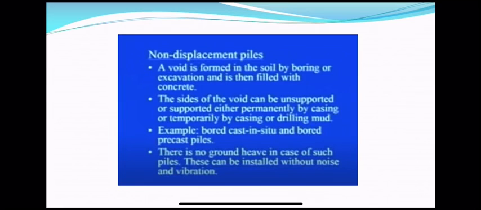The sides of the void can be unsupported or supported, either permanently by casing or temporarily by casing or drilling mud. Now, whenever you go for pile foundation, the soil strata is going to be poor. If the length of the pile is of the order of 25 to 30 meters, sometimes it becomes difficult to make the borehole exactly in a vertical direction.